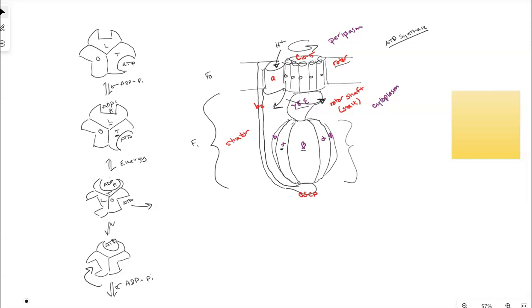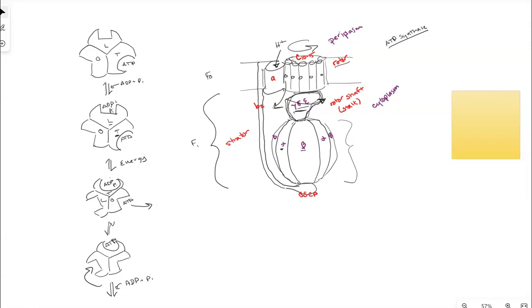And as it physically rotates, the rotor shaft or stalk with this gamma subunit, which is asymmetric. Notice that it's asymmetric. I'm going to highlight it here. It's asymmetric. It's attached to the C subunits. So as they rotate, it rotates.